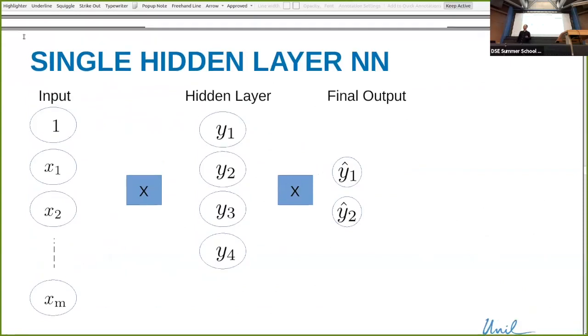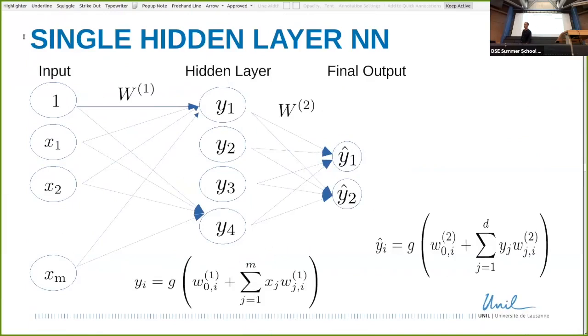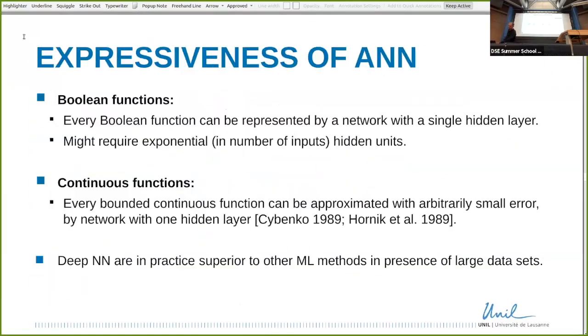Yes. Obviously, what is the advantage in practice of having a hidden layer as opposed to just going directly from the input to the final output? Do you need this hidden layer?